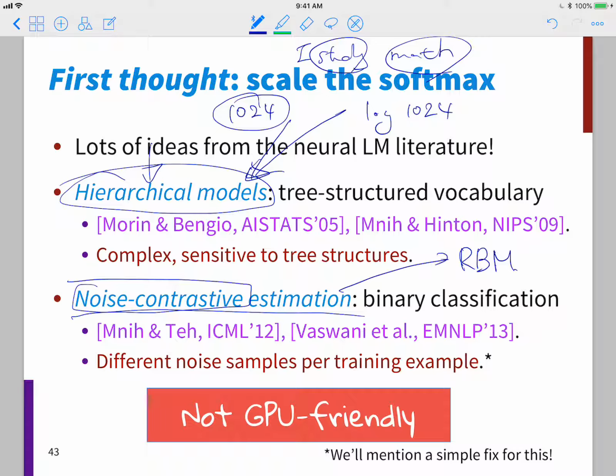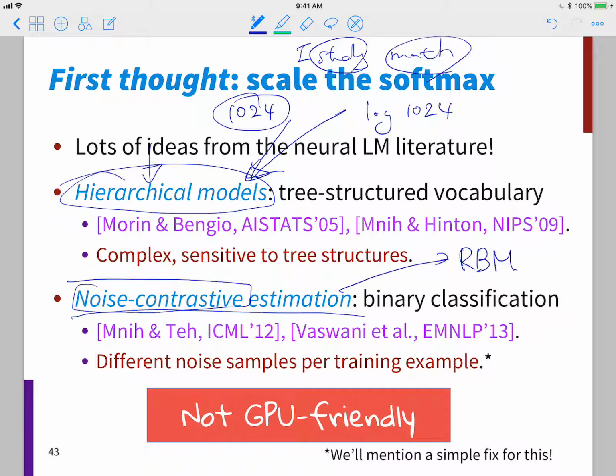And this RBM can basically be viewed as an auto encoder. Okay, auto encoder. So in the case of an auto encoder, unlike binary classification or classification with a small number of classes, if we have maybe a 10,000 vocabulary size, then the output should also be 10,000, right?